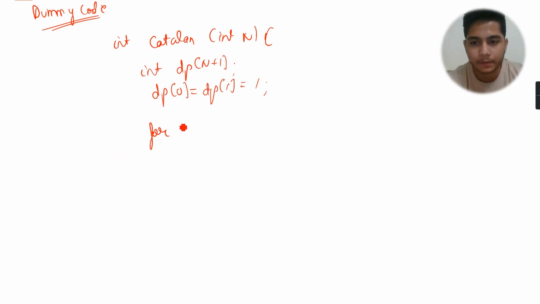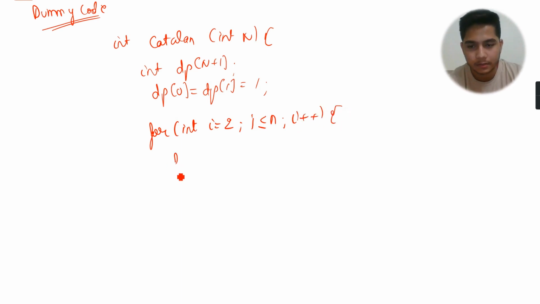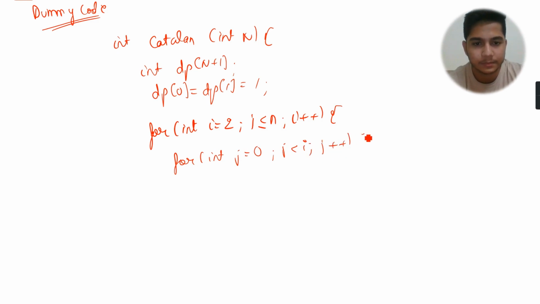Now for int i equals 2, i less than equal to n, i plus plus, for int j equals 0, j less than i, j plus plus.